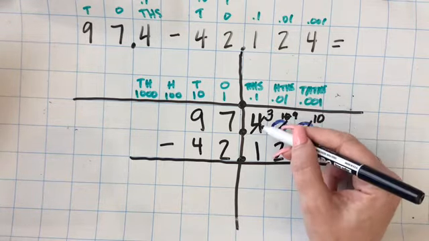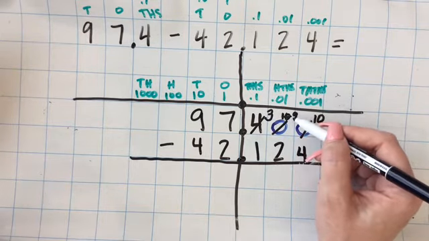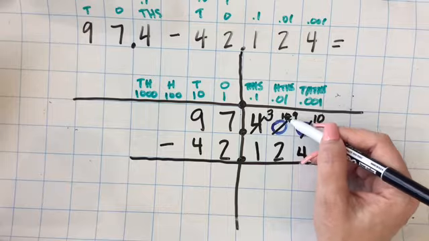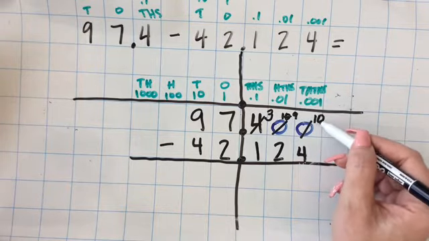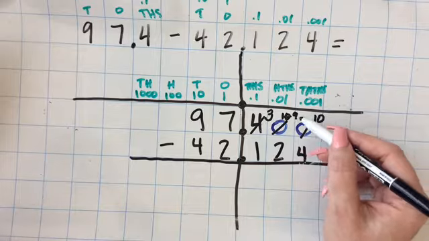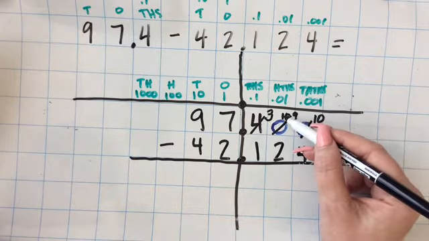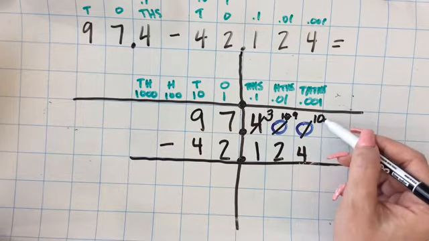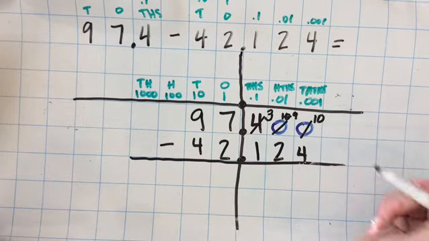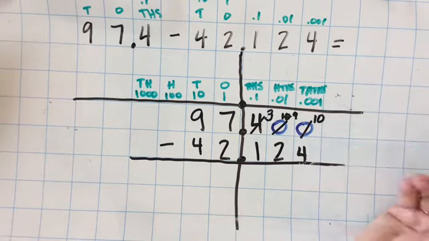So I had to go to my tenths. I took 1/10, regrouped it, exchanged it for 10 hundredths. Then I needed to get a hundredth to regroup into thousandths, which is how I got 9, because I took 1 away from that 10, and I got my hundredth, which is 10 thousandths.